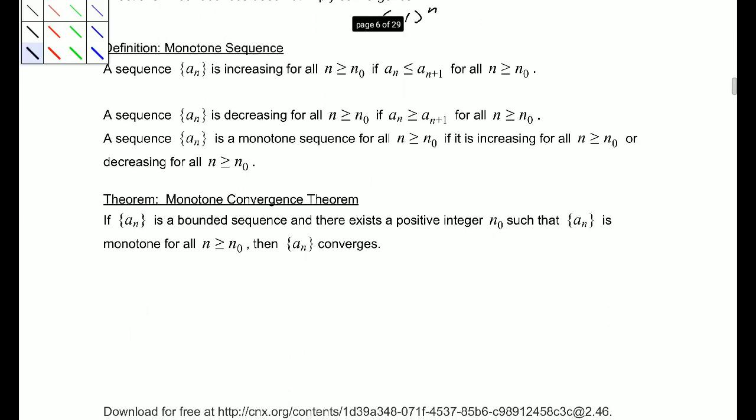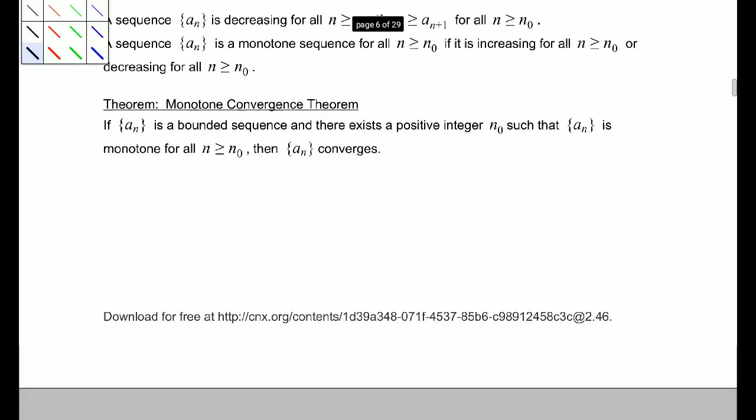If a_n is a bounded sequence, and there exists a positive integer n naught such that a_n is monotone for all n greater than or equal to n naught, then the sequence converges. If it is bounded, and there's a point at which it's monotone, then it converges. So let's dive into one of these.